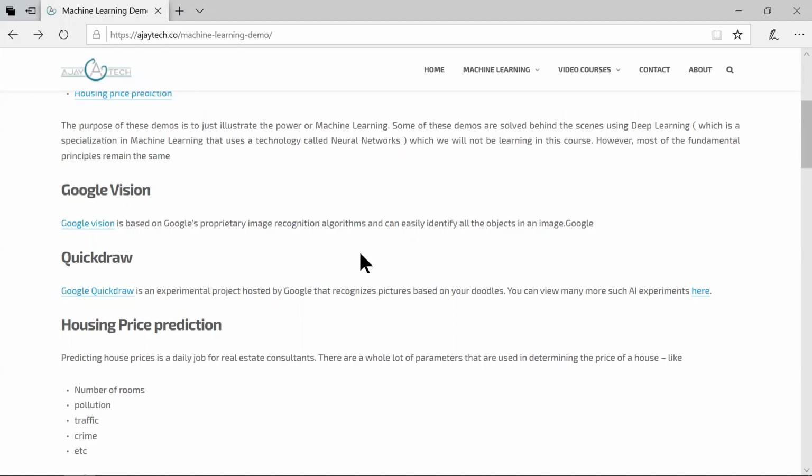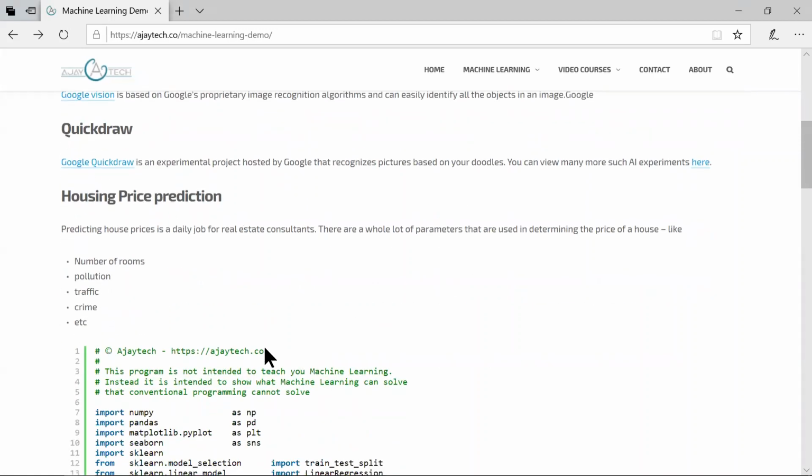Point being, I'm reinforcing the same thing again. A learning algorithm doesn't learn in space. It learns from our data. We need to train it. Okay, and that's what has happened with the vision, with the Quick Draw, or any of the examples that you see in machine learning. Next, we're going to see a more concrete example.